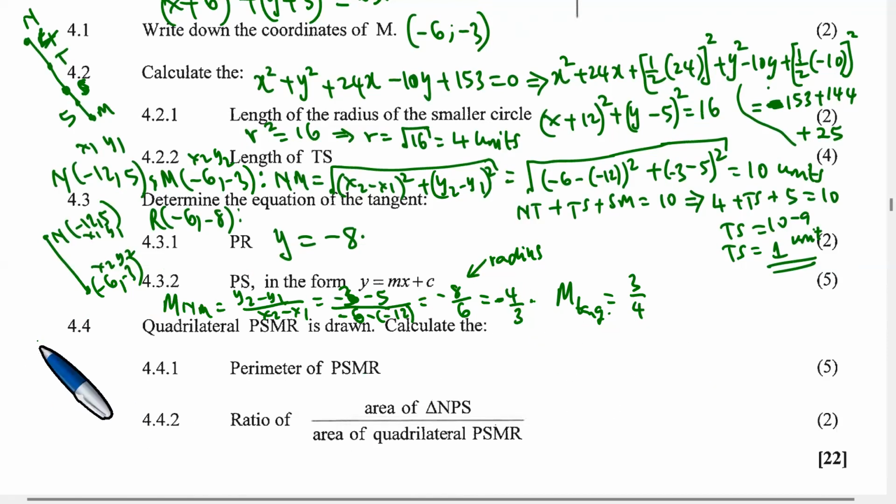The reason for that is that gradient 1 times gradient 2 is equal to minus 1 wherever a tangent is perpendicular to a radius.